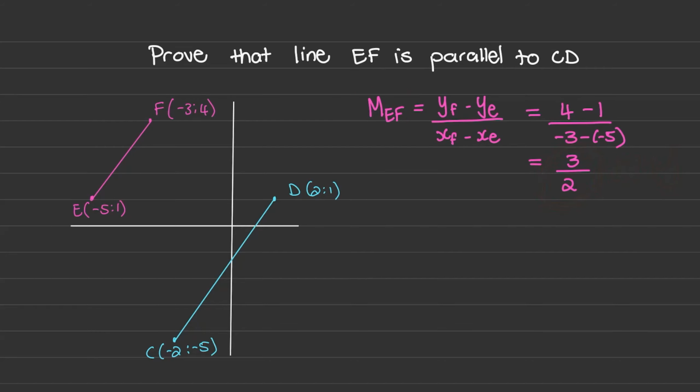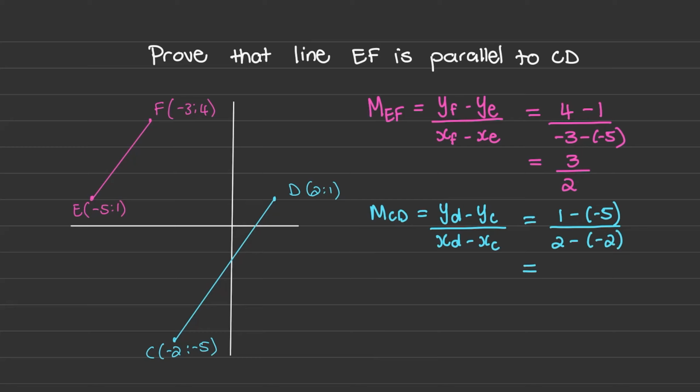Now let's find the gradient of line CD, which is also the difference of y's over the difference of x values. So y of D is 1 minus -5, which is the y of C, over the x of D, which is 2 minus -2, which is the x of C. And if I simplify, I have 6 over 4, which is also equal to 3 over 2.